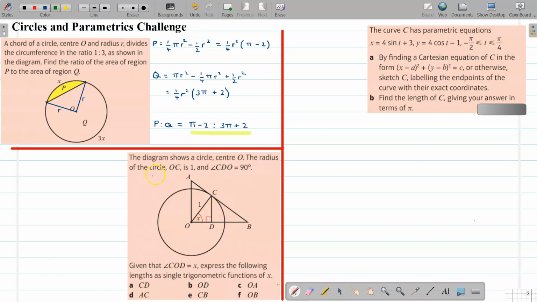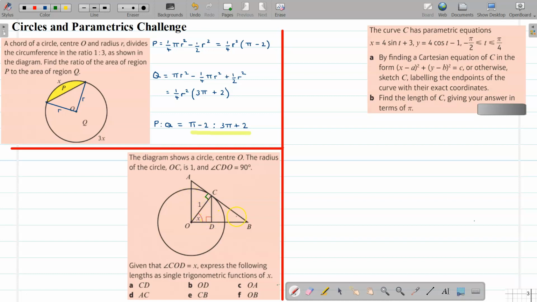Okay, in this second problem here, we have some triangles sort of arranged around this circle. And before I start to find the side lengths in terms of x, I'm going to just put some information on here which will help us. And that is that there's a right angle here where a tangent meets a radius.